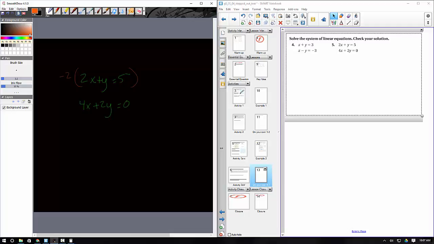And when I do this, I'm going to have negative 4x, I'm going to have negative 2y, and I'm going to have negative 10. When I set these equal or figure it out, I'm going to have 0x plus 0y equals negative 10. Well, this is impossible to do. You can't get negative 10. 0 does not equal negative 10. So this is a no solution.